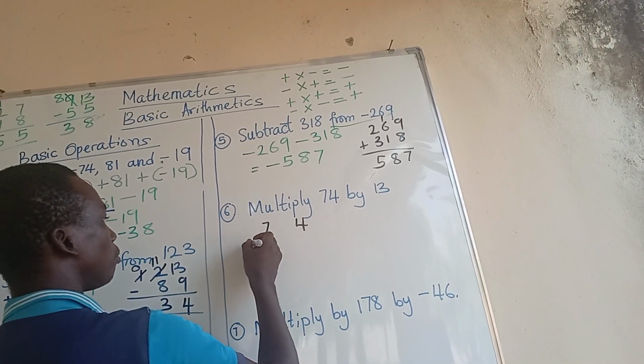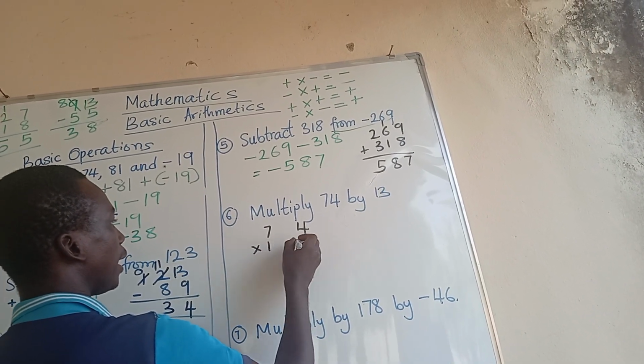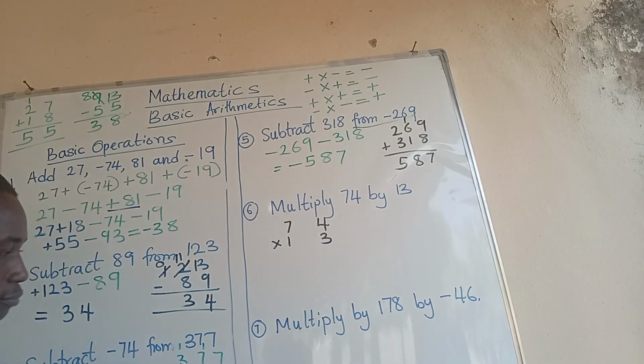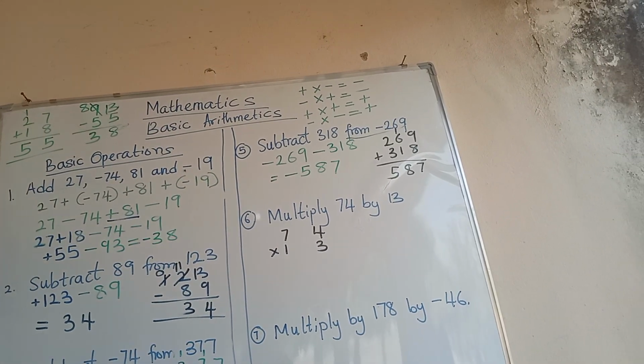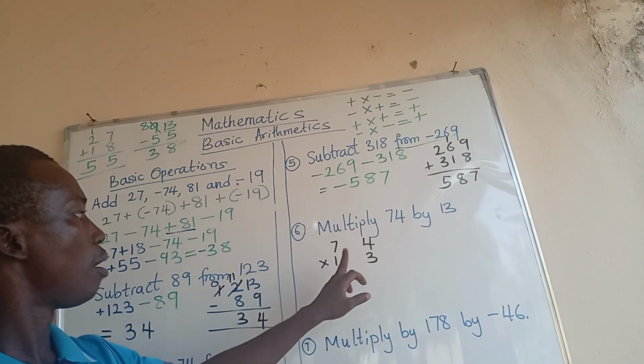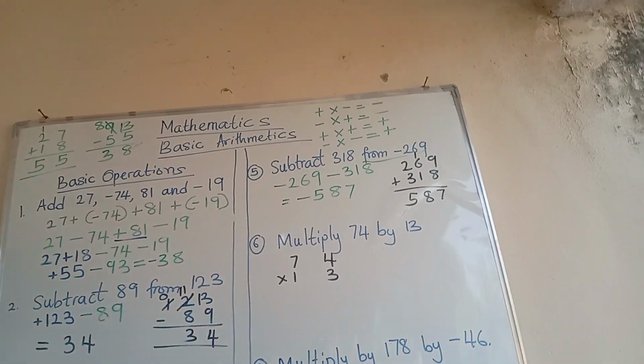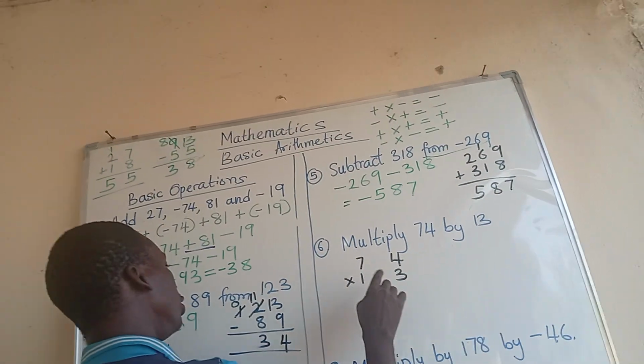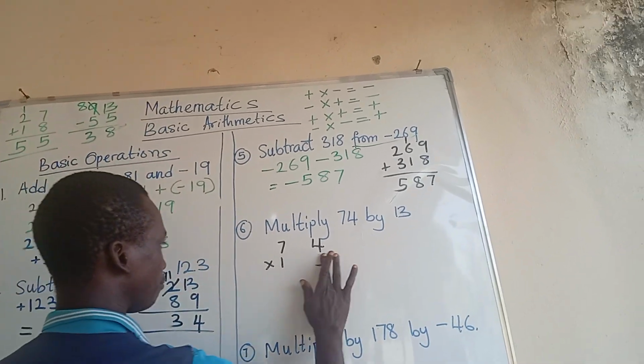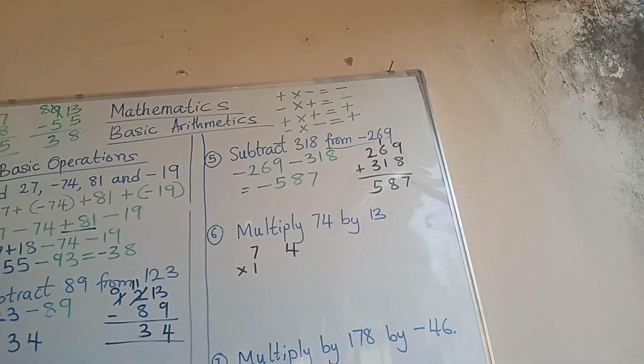74 multiplied by 13. Now when we are multiplying 74 by 13, what does it mean? It means we are going to take the first number. This our first number.